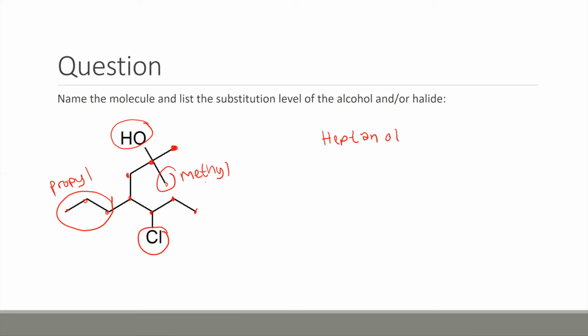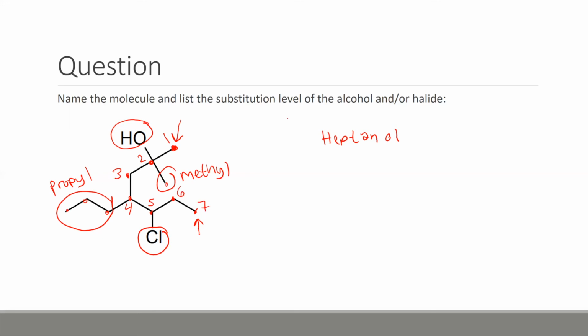Okay, so let's do the numbering. OH gets precedence, so this is the starting carbon, and this will be the end carbon. This is position 1, 2, 3, 4, 5, 6, 7.